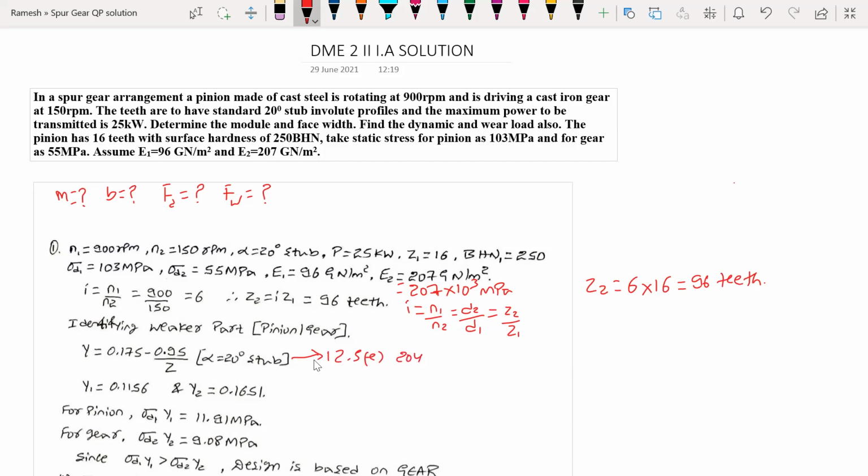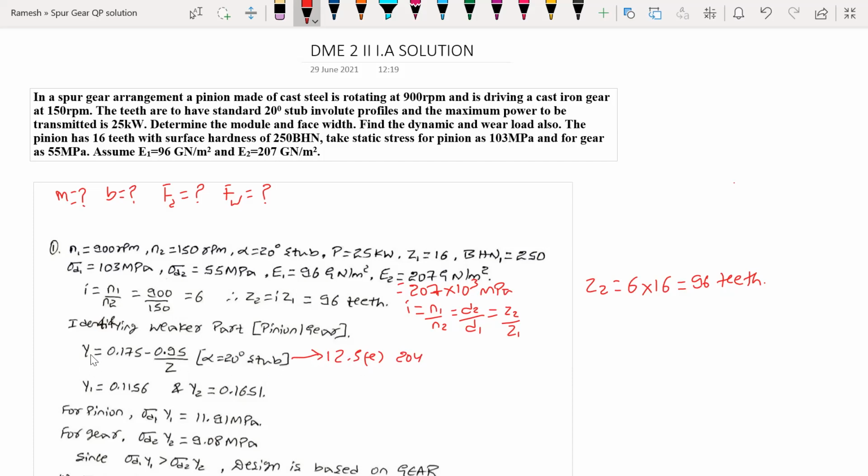Use this equation. You need to find out the value of y1, that is Levy's form factor. This equation, whatever I have written, it is Levy's form factor equation. You need to find out for pinion as well as for gear. First I will find out for pinion.